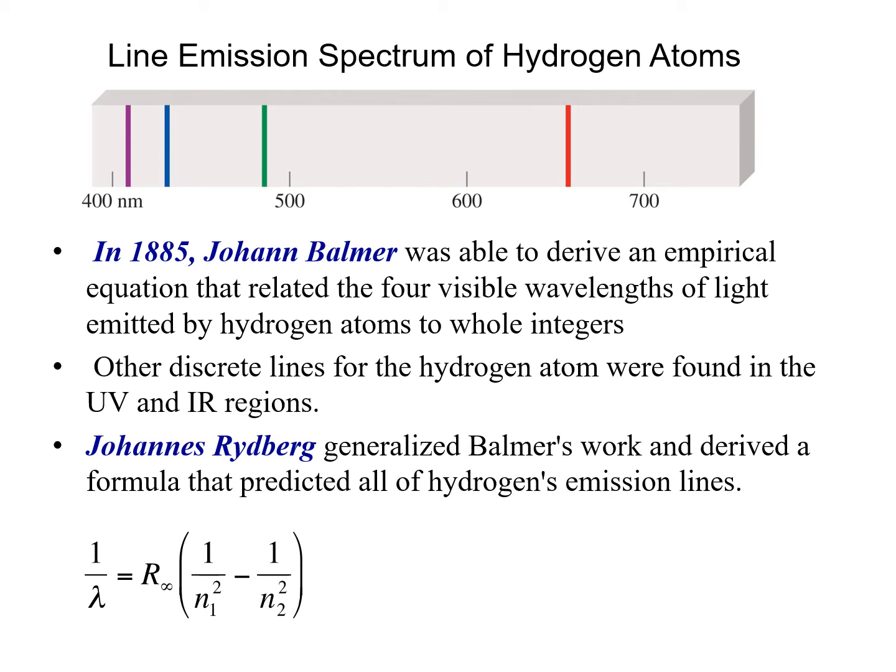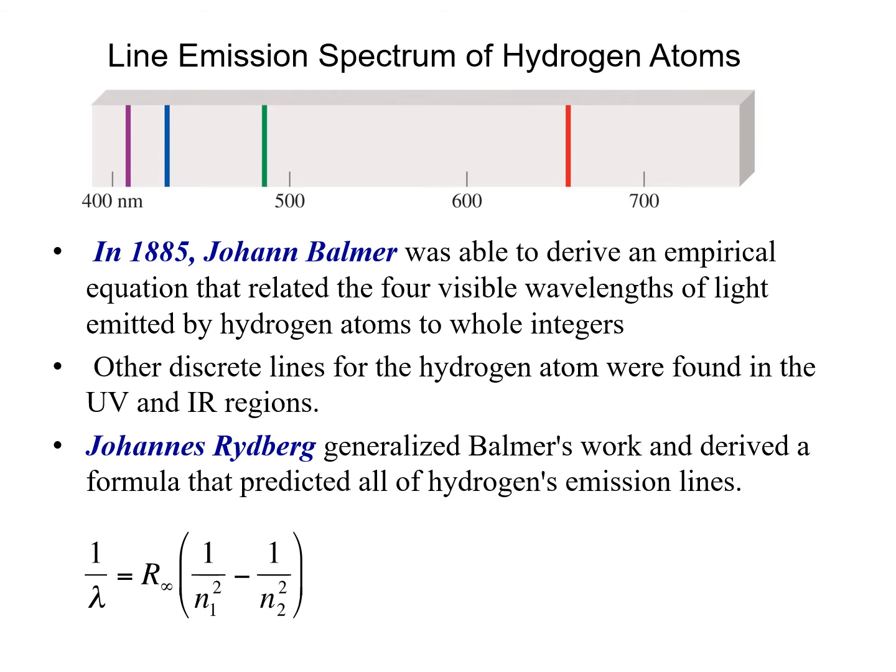In 1885, Johann Balmer actually derived an equation that used whole integers to calculate the 4 visible wavelengths of light emitted by hydrogen atoms. However, it turns out that there were other discrete lines for the hydrogen atom outside of the visible light range, found in the UV and IR regions.